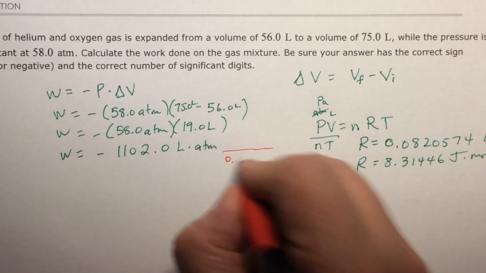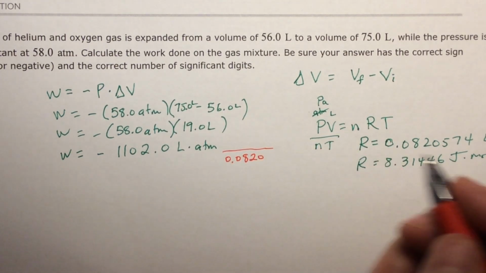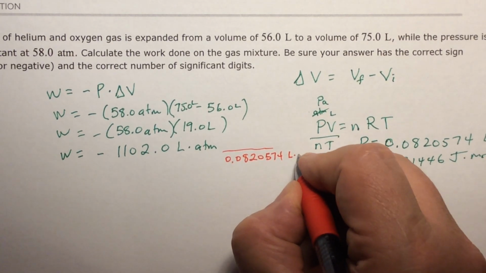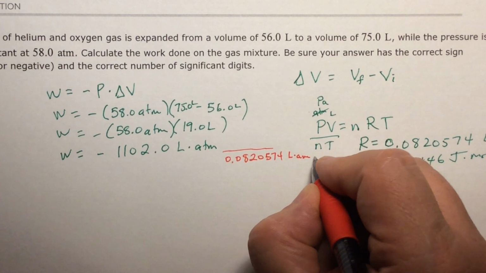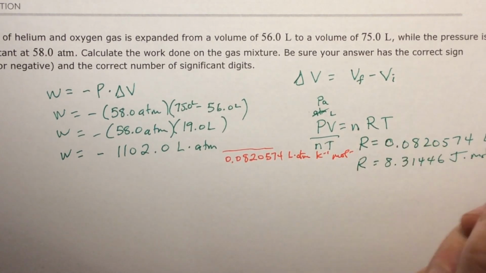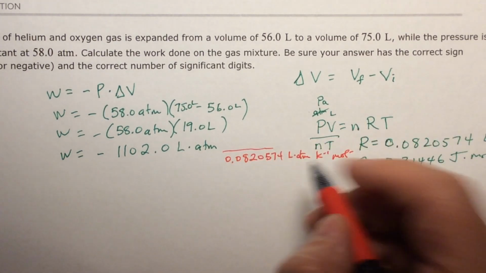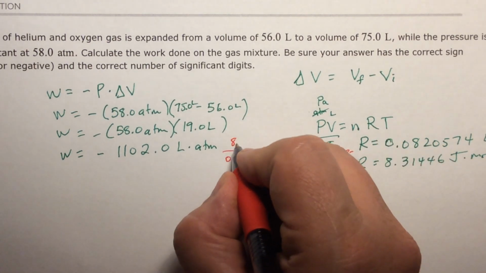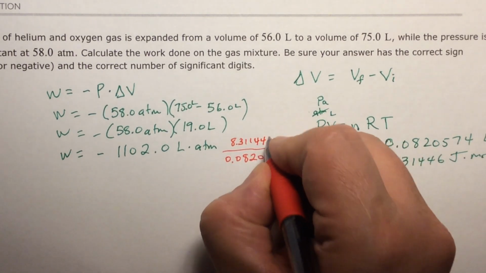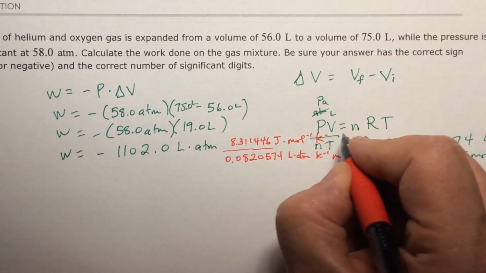So this is going to be 0.0820574 liter atmospheres over Kelvin moles on the bottom, and then the other one on the top so they're equal to each other: 8.31446 joules over moles kelvins.